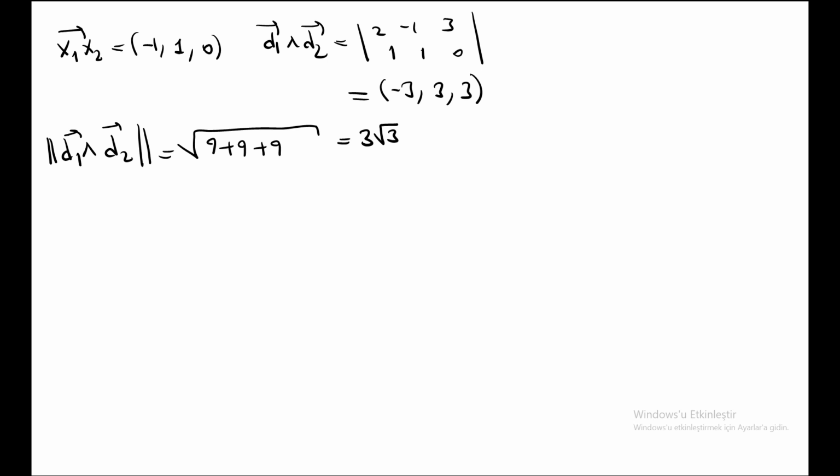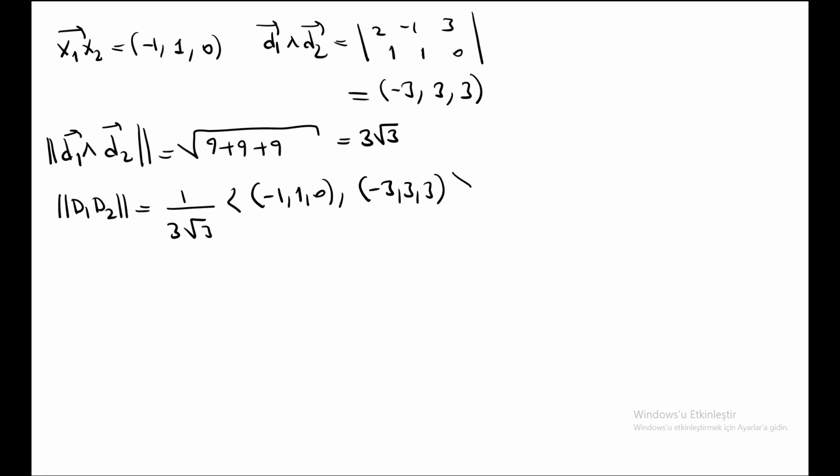So then the distance d1, d2 will be this one. Okay, 1 over 3 times square root 3, inner product, negative 1, 1, 0 times negative 3, 3, 3. So you see, you have this one, 3 plus 3, 6. So you have 2 over square root 3.